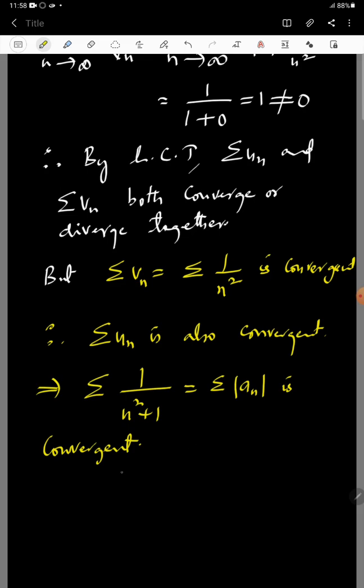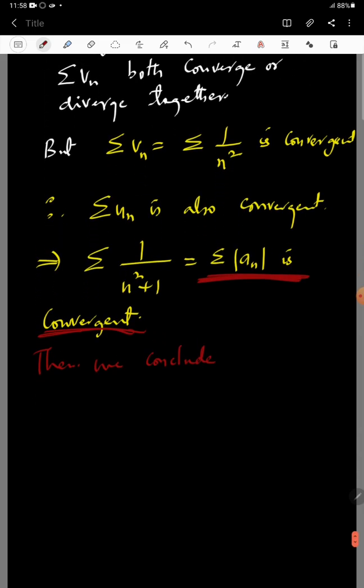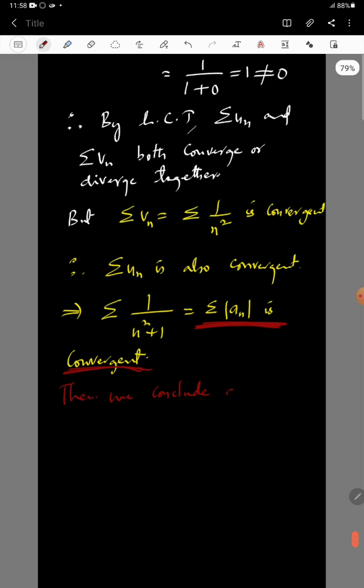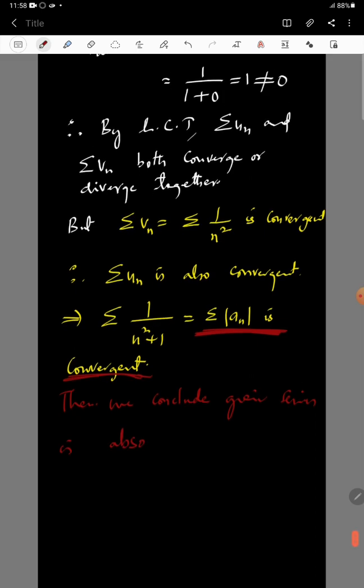When sigma mod an is convergent, be careful, this is a very important point, I am highlighting that one. Sigma mod an is convergent, then we conclude, we say that the given series is absolutely convergent, because the absolute value is convergent.